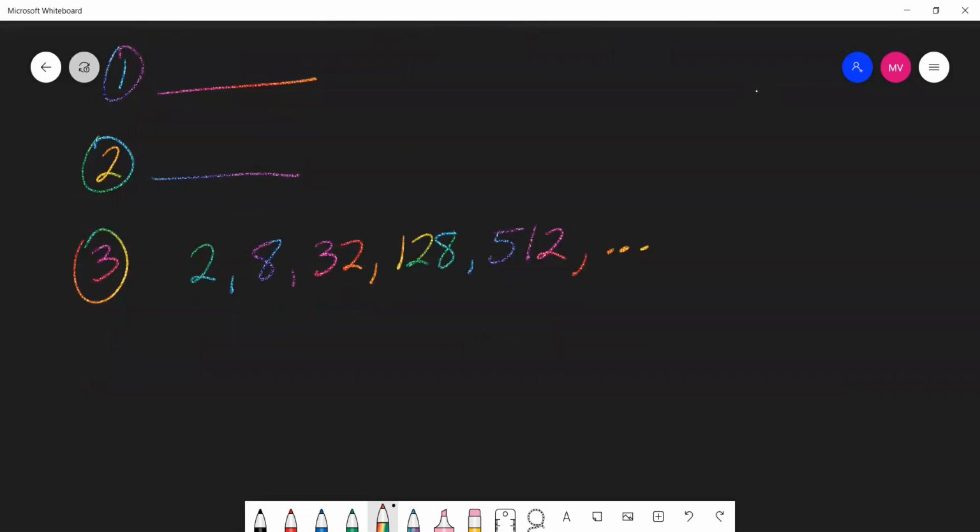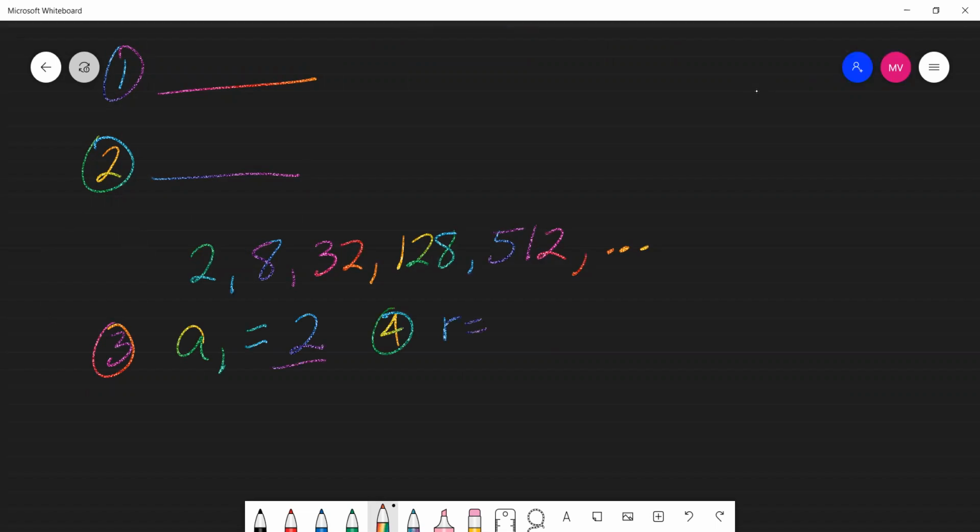All right, so A1 is 2. That's number 3. Number 4 asks us our ratio, which is what? 4. Yep, it's positive because we're not alternating positives and negatives. It's a whole number, not a fraction, because we're not getting smaller, we're getting larger.